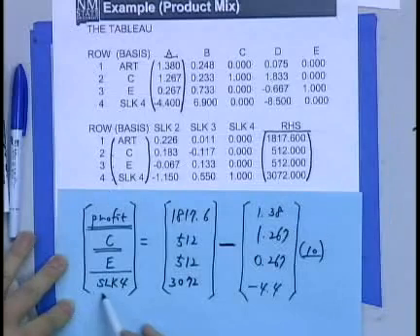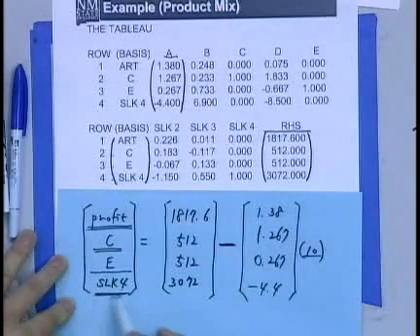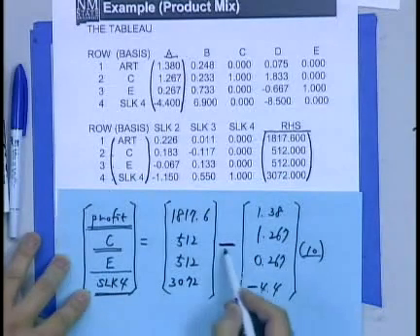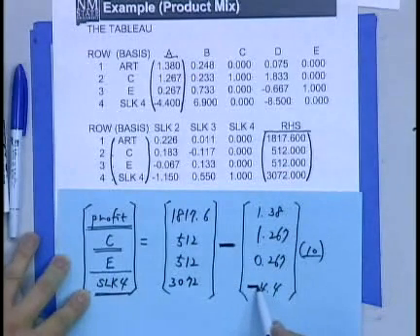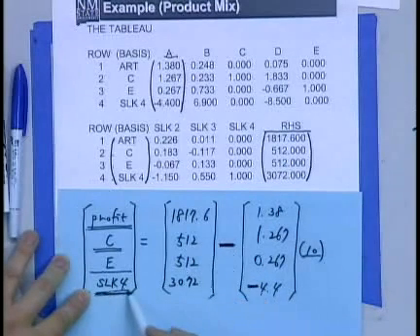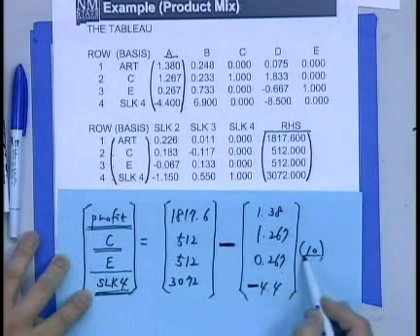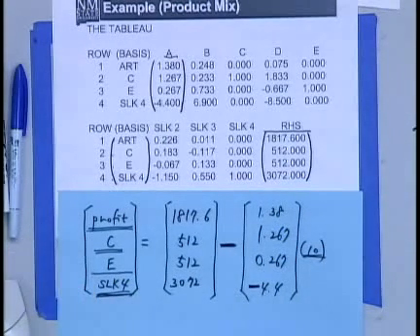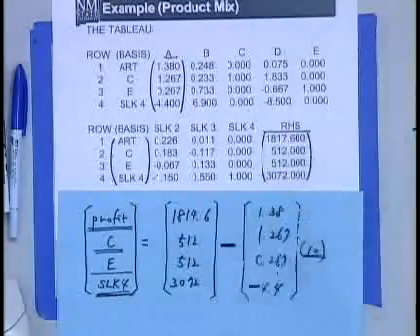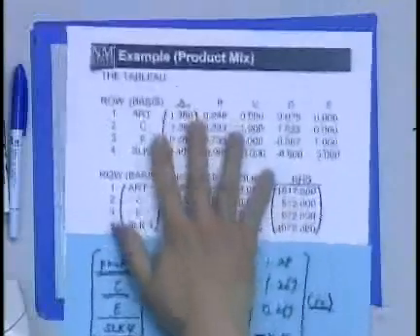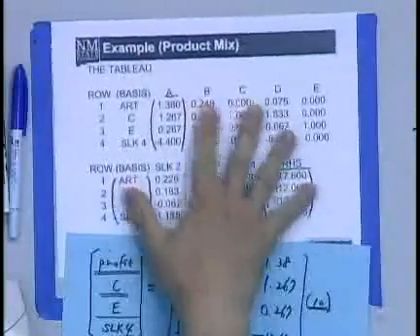However, the slack time on machine number 3 will be increased, because negative times negative becomes positive. So the slack time on machine number 3 will be increased by 10 times 4.4. Everyone knows how to use this substitution rate.